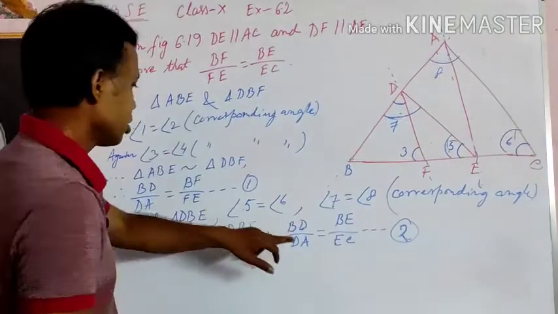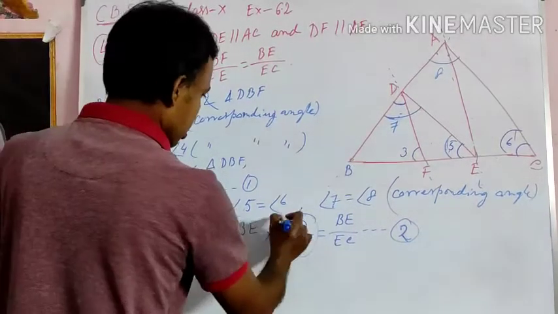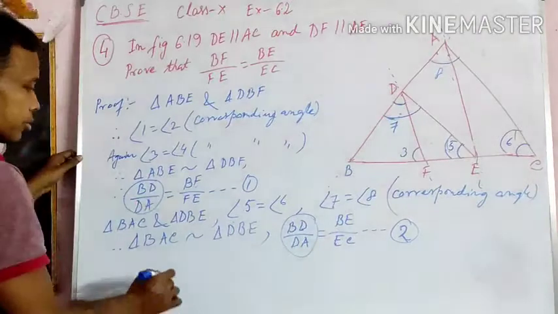Now in equations 1 and 2, the left hand side is equal, therefore the right hand side must be equal.